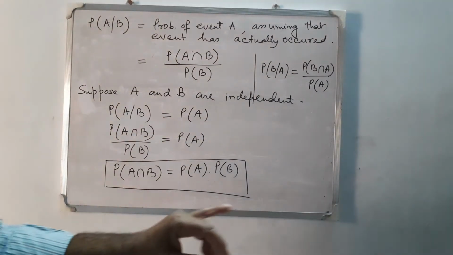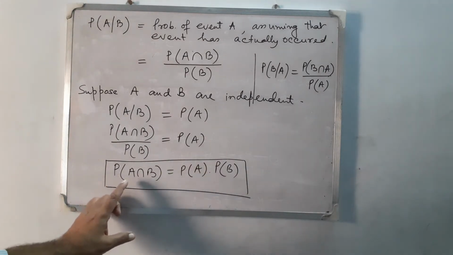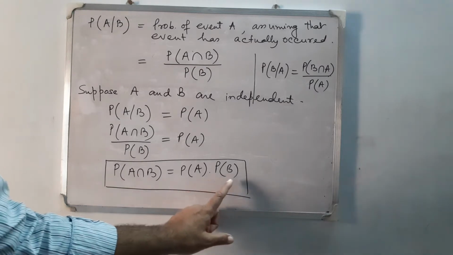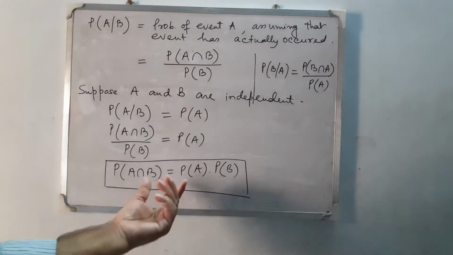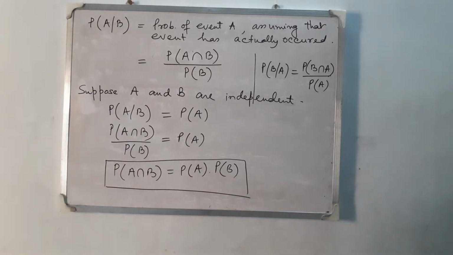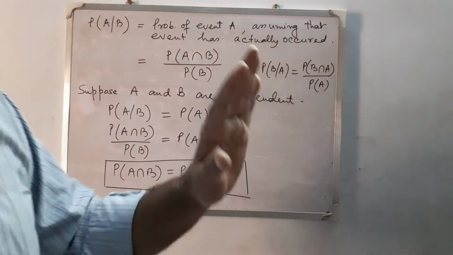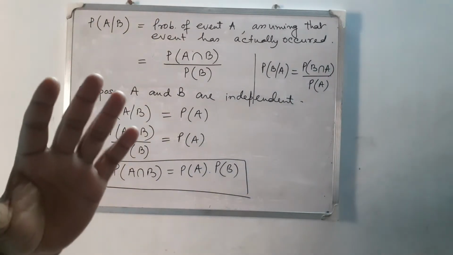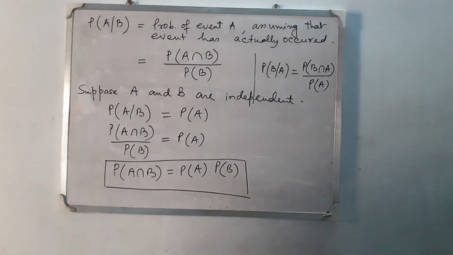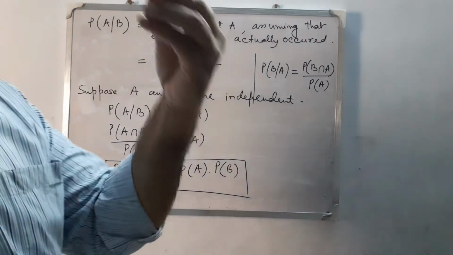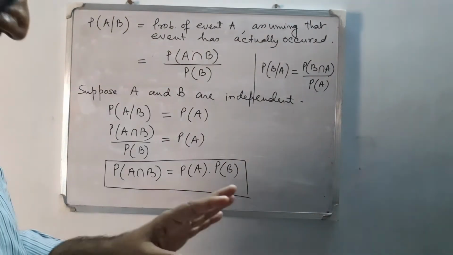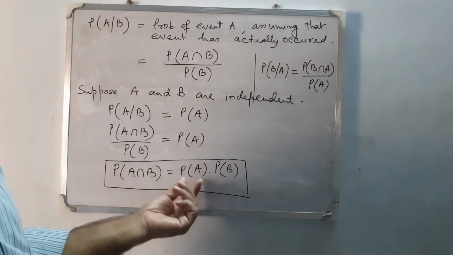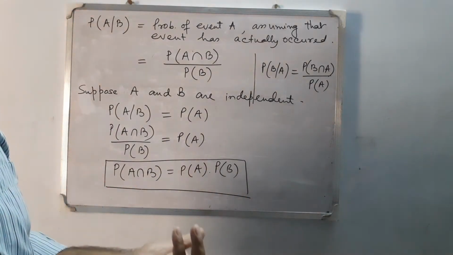If A and B are independent events, then their common probability should be equal to P(A) into P(B). So if you prove this result, you can prove easily that the two events are independent. Or vice versa. If this result holds, then we say that A and B are independent events. This result holds for any two arbitrary events A and B.